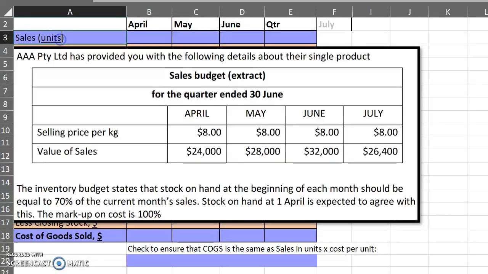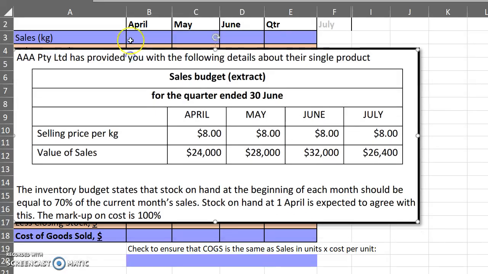So instead of writing units, we can write kilograms. We work out the number of kilograms the company is planning to sell by taking 24,000 and dividing it by 8. That gives us 3,000 budgeted sales in April.